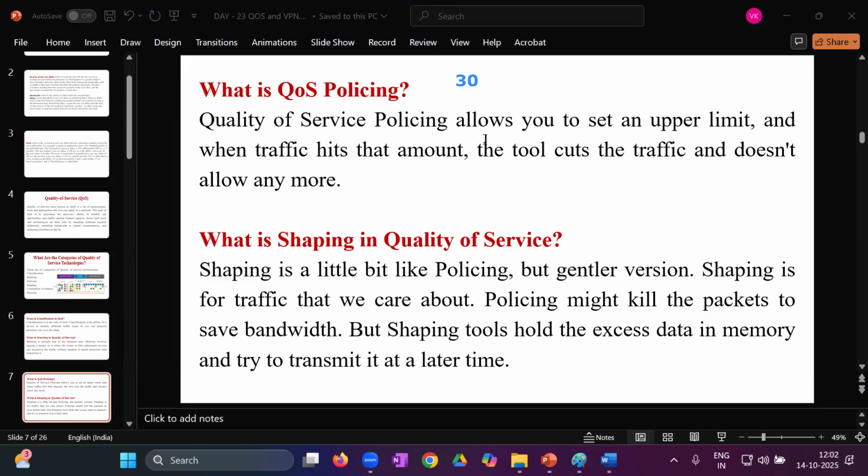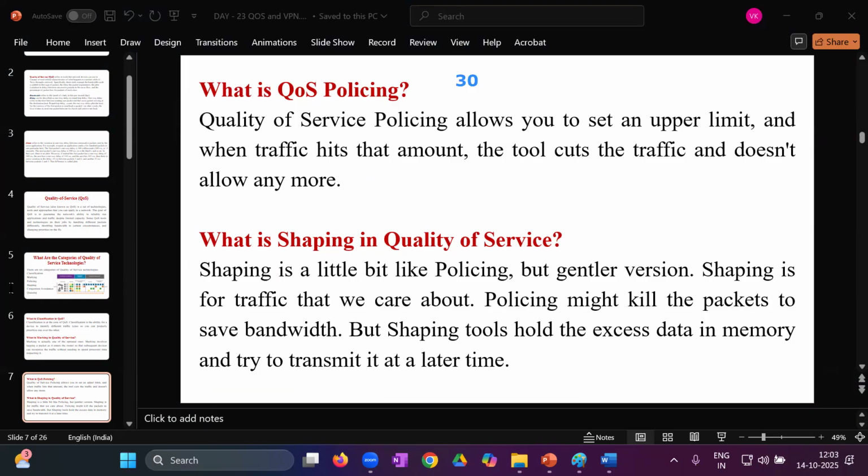In that case, the tool cuts the traffic and does not allow any more. In short, the packet will be killed. It will not get transmitted again. So policing is: the tool cuts the traffic and does not allow any more.